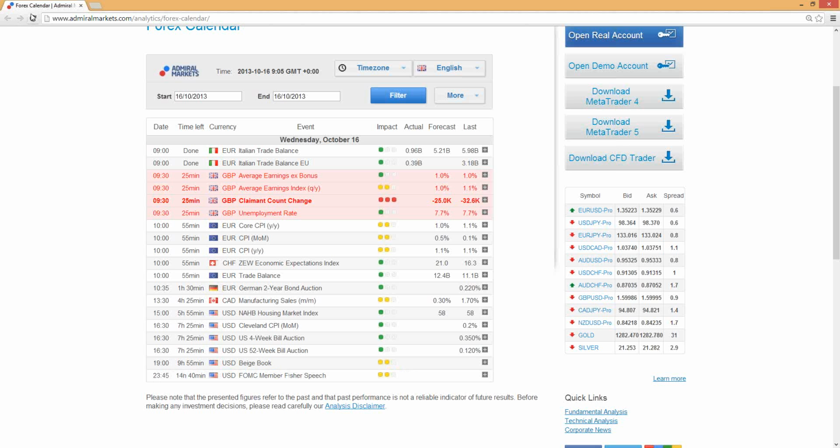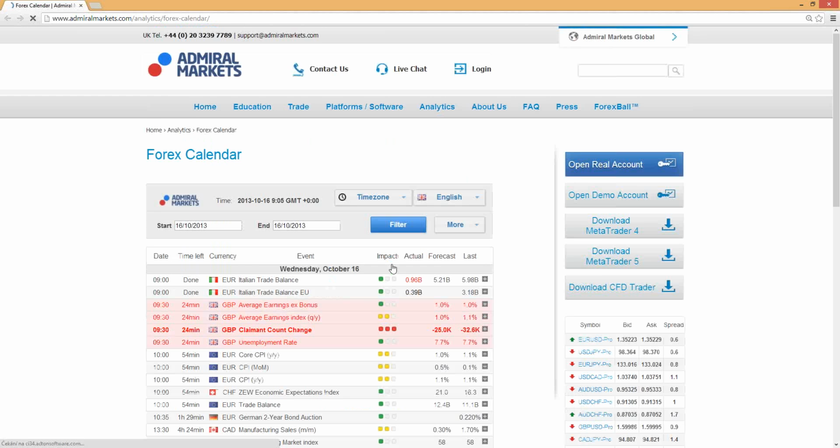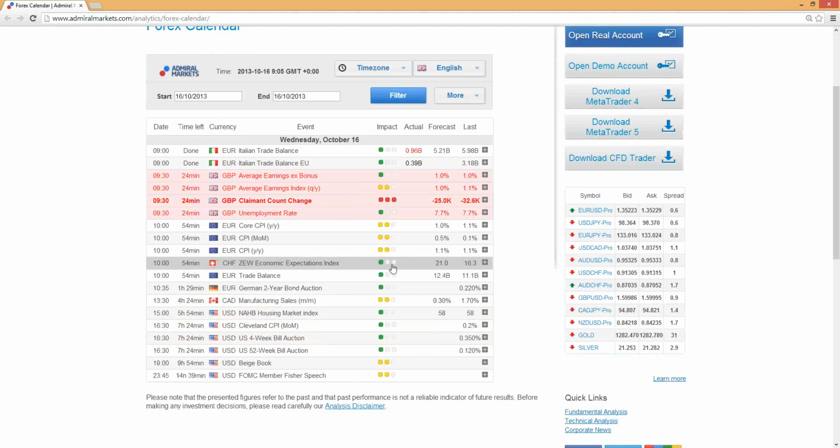When is the news, in fact? 25 minutes from now? It will for sure not have the same volatility as the pound. There could be a bit more volatility, but what is it? Claimant count change, 24 minutes from now.